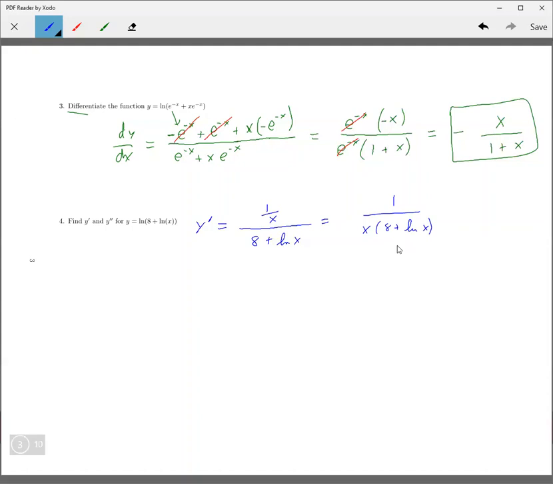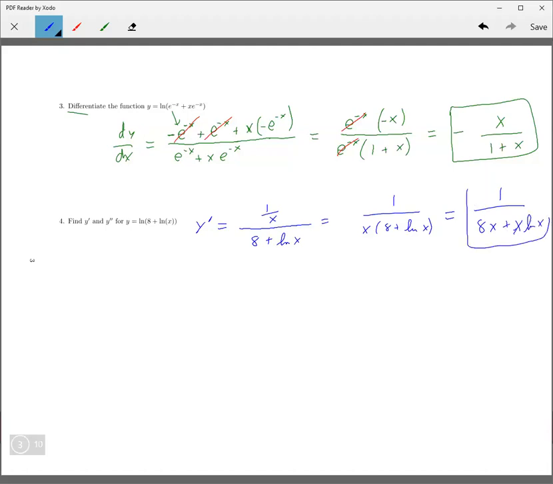Like that. Or it could be 1 over 8x plus x log x.